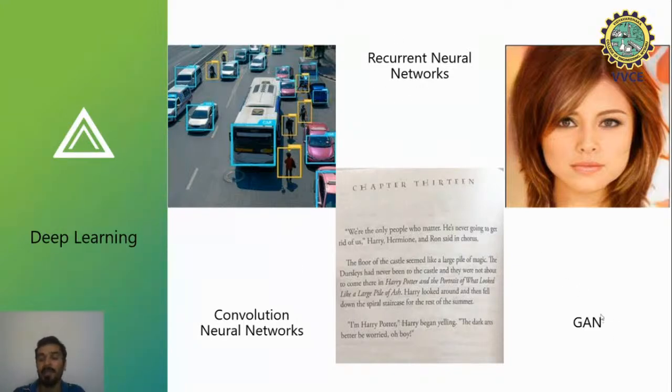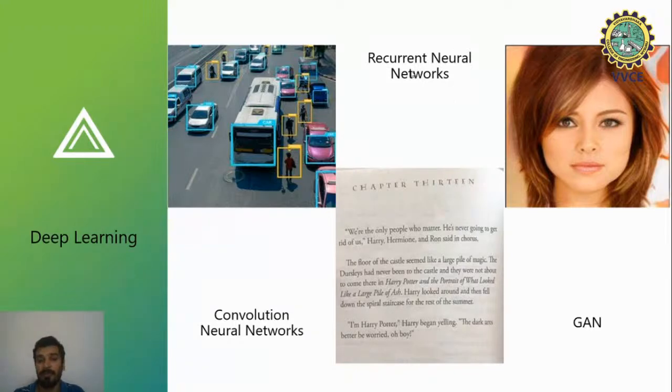Convolution neural networks are mainly for images. Recurrent neural networks are mainly for sequences, for example text, and people use RNNs or LSTMs. LSTM is long short term memory. They use this for creating music, video processing, a lot of different things. Wherever you have a sequence, you can use RNN or LSTM.